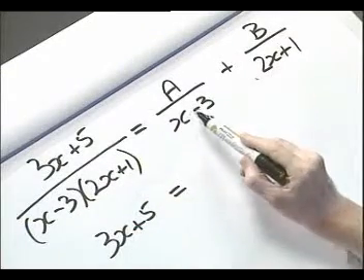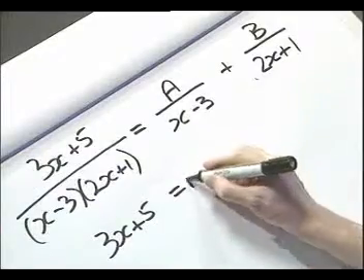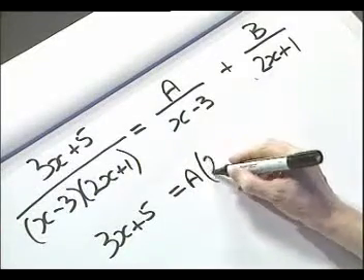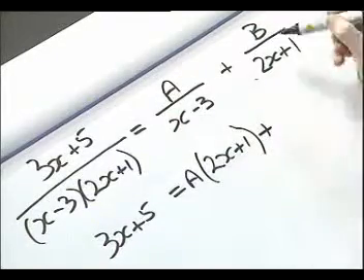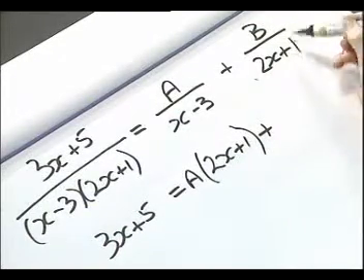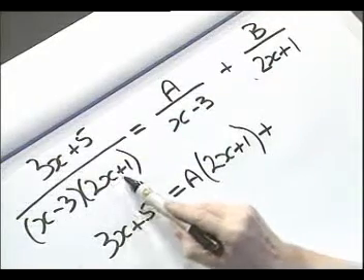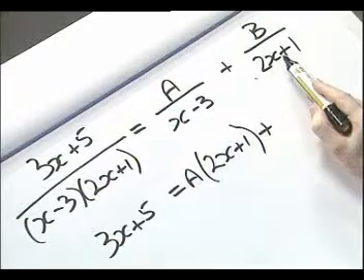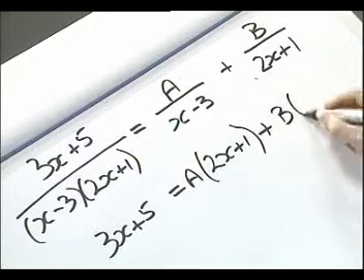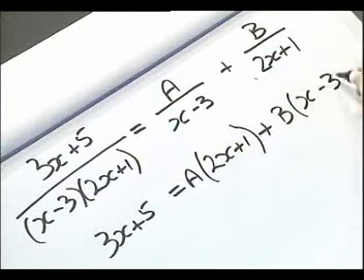The x minus 3's will cancel, and we're just left with a times 2x plus 1. Then b over 2x plus 1 times x minus 3 times 2x plus 1. This time the 2x plus 1's will cancel, and we're just left with b times x minus 3.